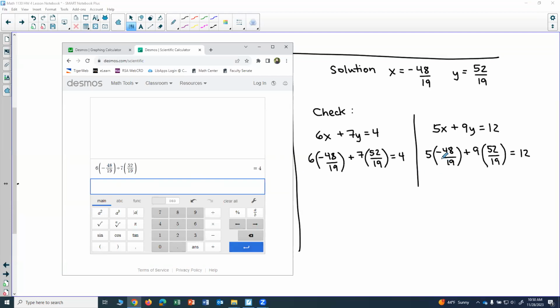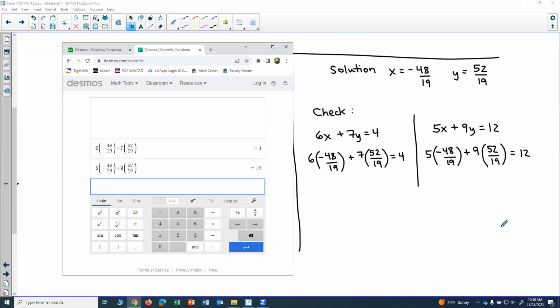Now I'll go ahead and check the second one. I have 5 parentheses negative 48 over 19. Close your parentheses, plus 9 parentheses 52 over 19. Close the parentheses, that equals 12, which is what I wanted it to equal.